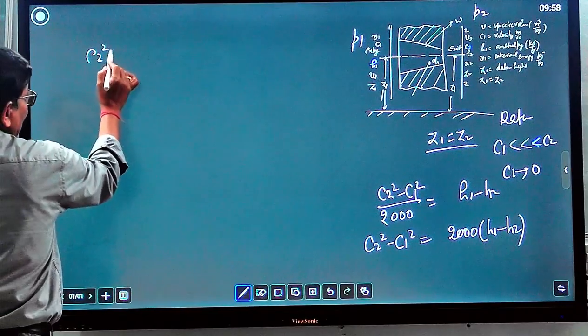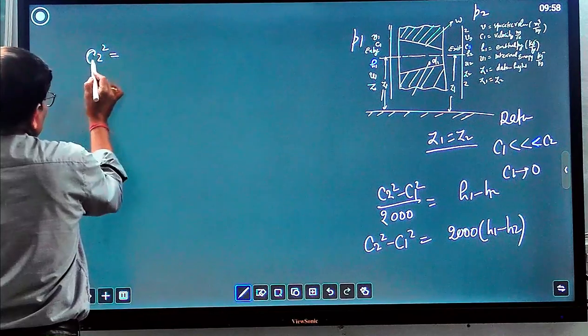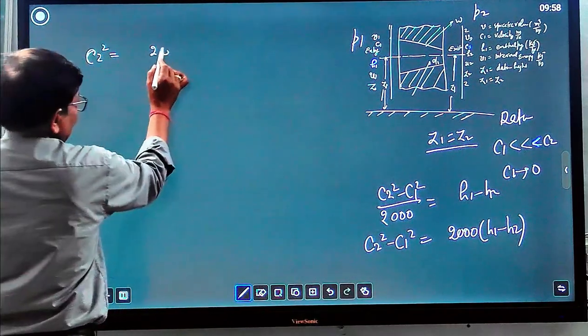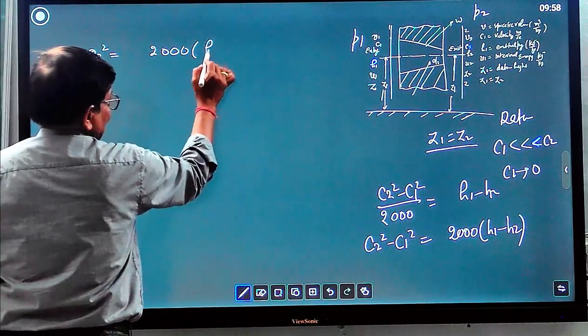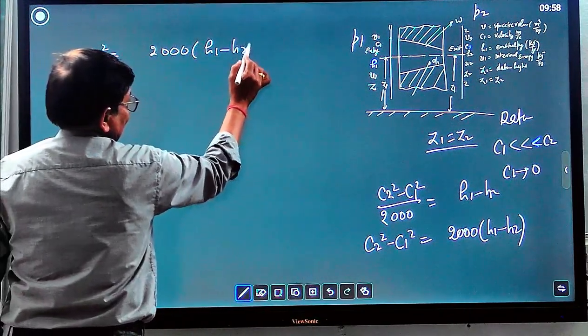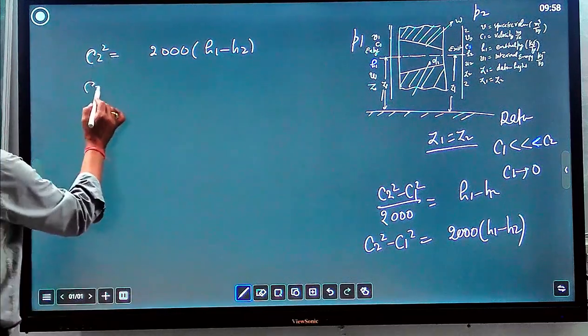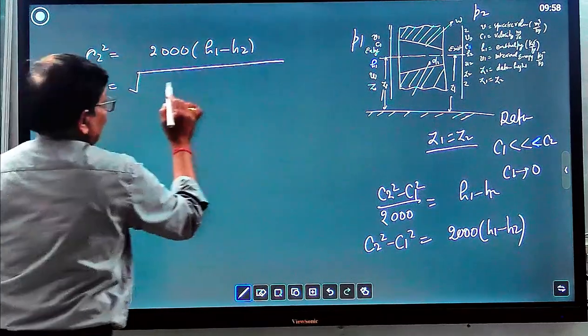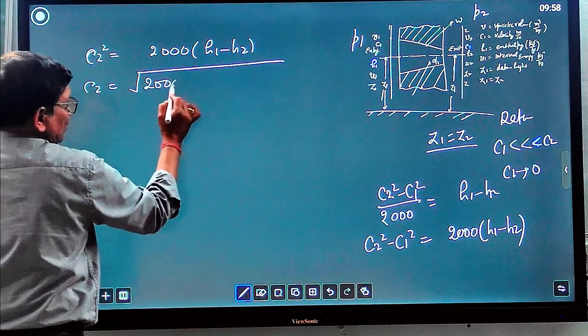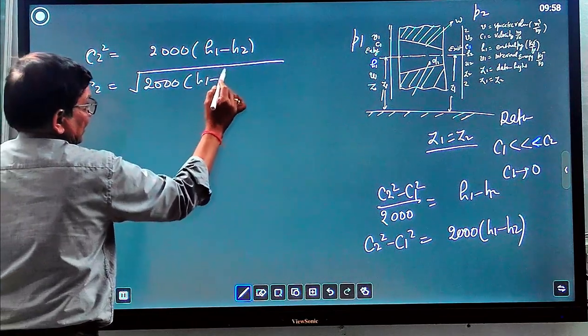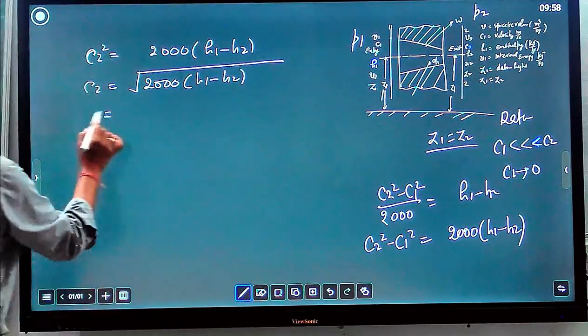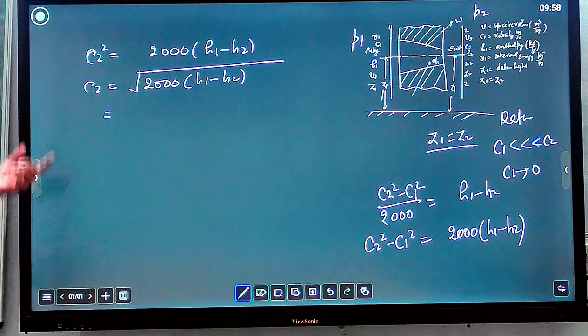C2 square equal to 2000 into H1 minus H2, and then C2 equal to under root of 2000 into H1 minus H2.